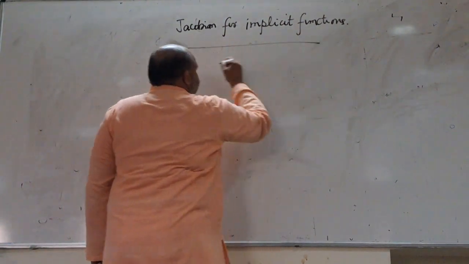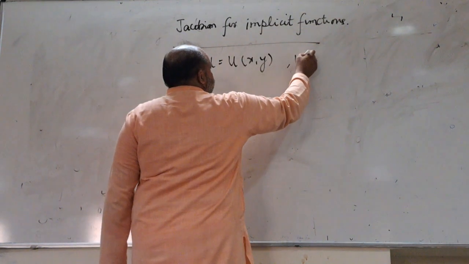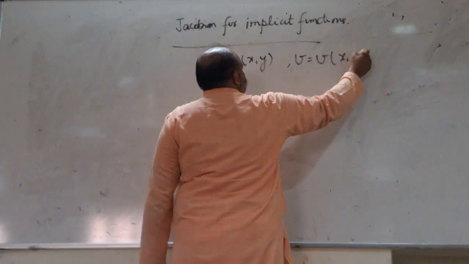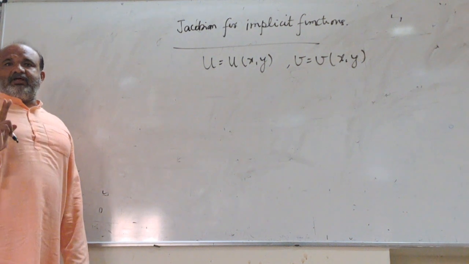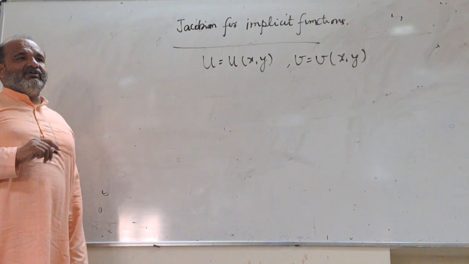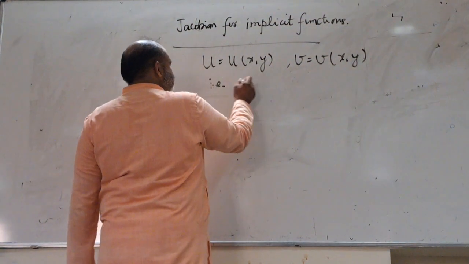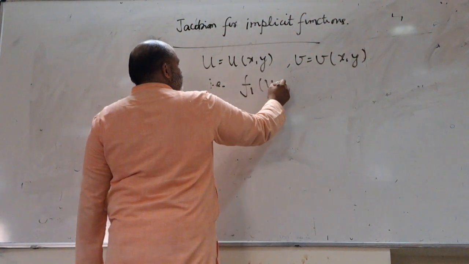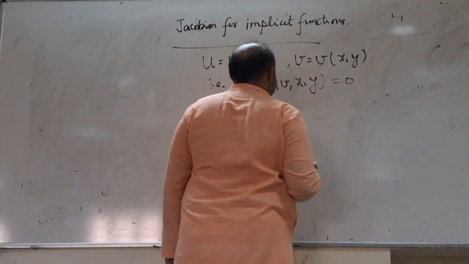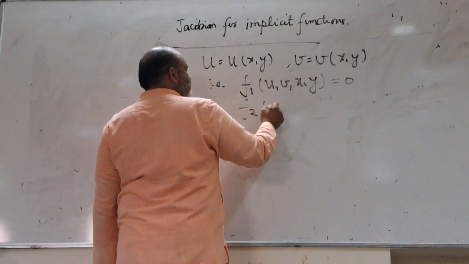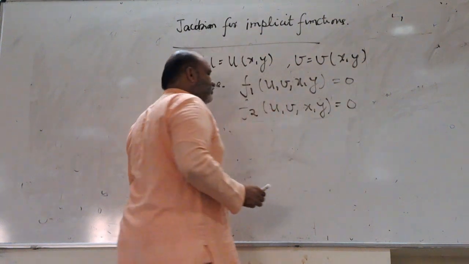So let me have two functions u and v, u depending upon x, y and v depending upon x, y, and there are given two implicit relations between u, v, x and y, that is f1(u, v, x, y) is equal to 0 and f2(u, v, x, y) is equal to 0.